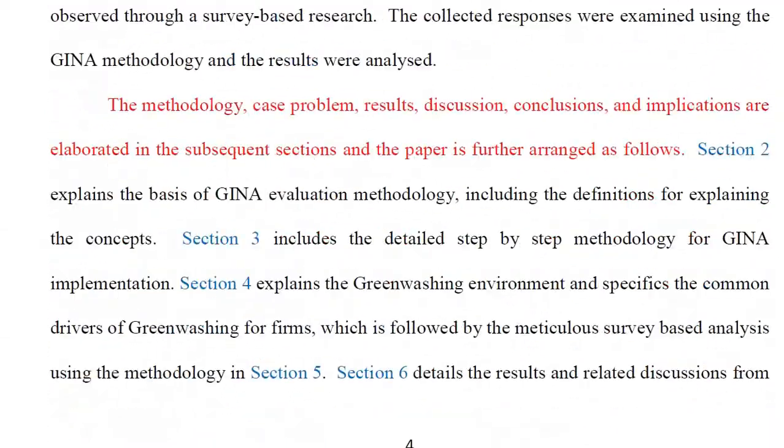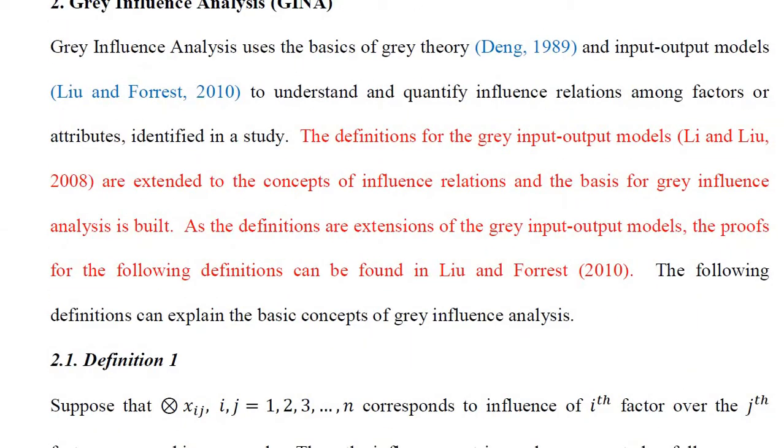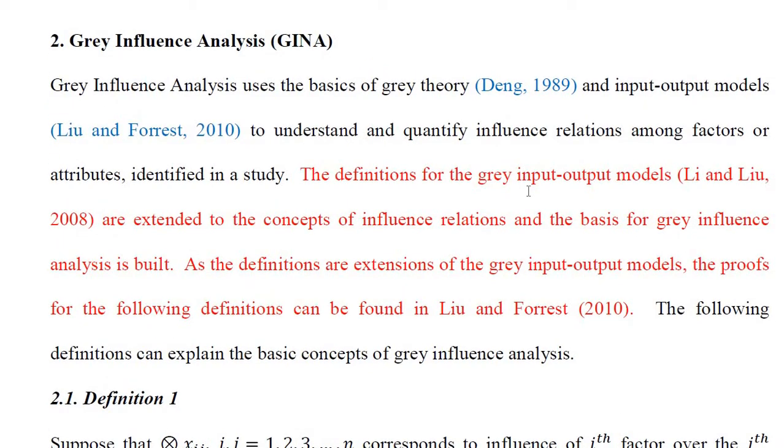We will start with the gray influence analysis technique, beginning with some of the definitions. What definitions are involved in gray influence analysis? This technique is an extension developed from the base of gray input output analysis, so these definitions are also based on gray input output analysis, an MCDM technique based on gray theory.